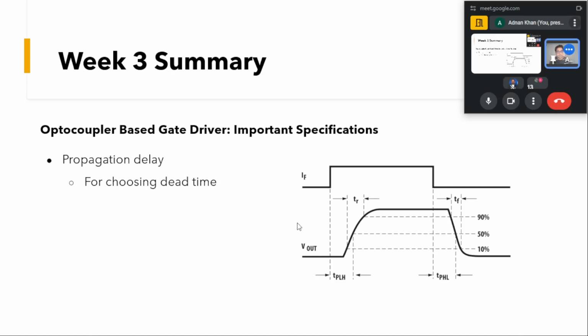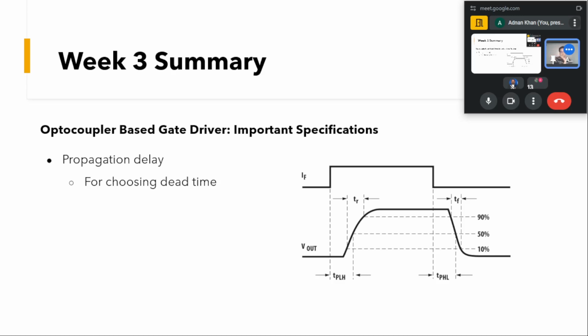So we have to take these delays into account, because if we give the pulses to the bottom device at the time the top device is still in the on state because of this delay, then we can have a short circuit.